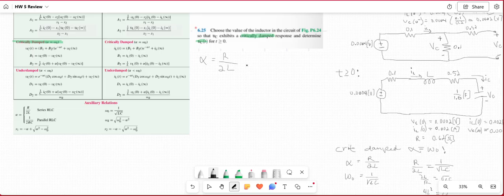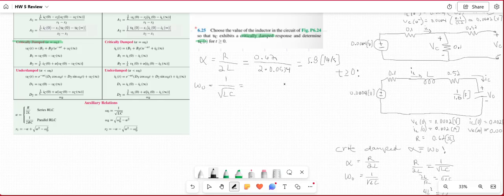So we use alpha equals R over 2L, and R is 0.1 plus 0.52, so 0.62, over 2 times 0.0534 from our inductance. Alpha equals 5.8 nepers per second.